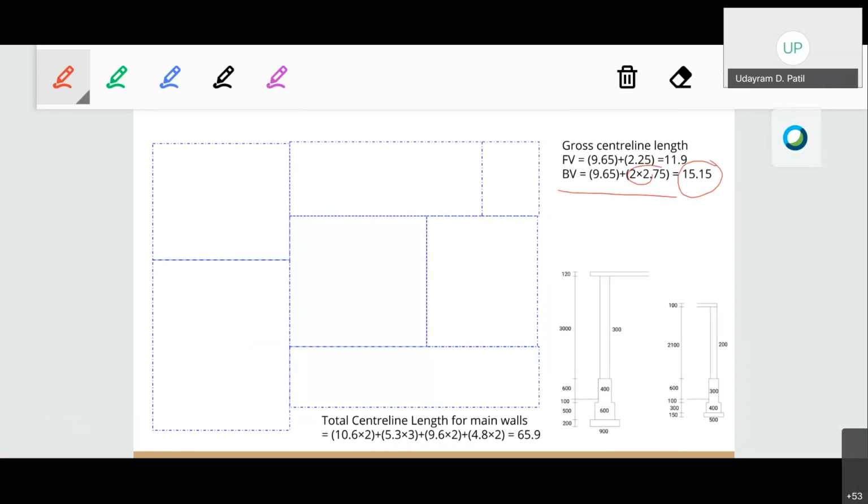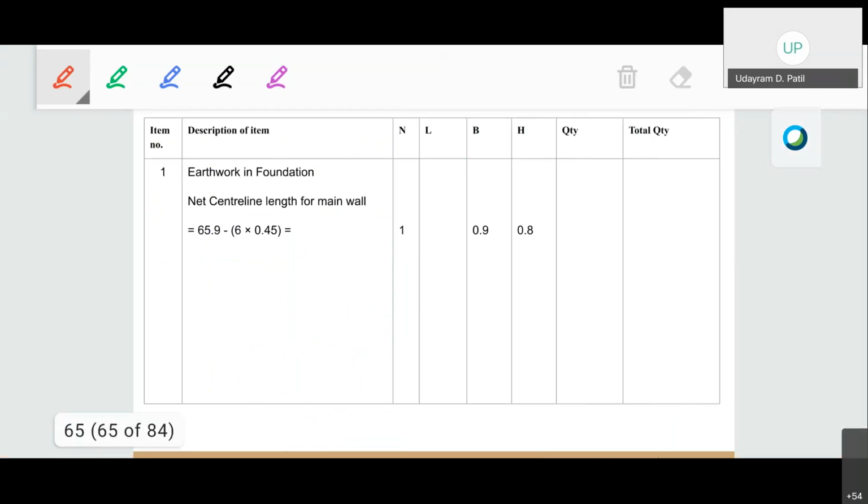Now calculating the first item of the work, earthwork in foundation. We already calculated the net center line length and the quantity for the main wall.